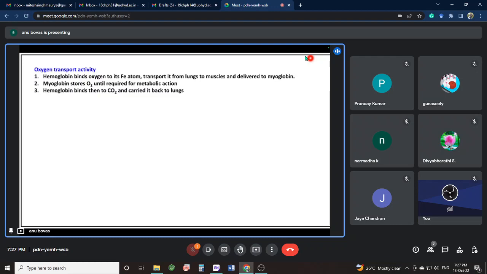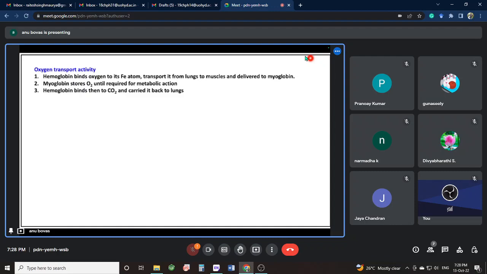This also can be asked. 4 oxygen per hemoglobin, 1 oxygen per myoglobin. And myoglobin has more affinity to oxygen than hemoglobin. If they ask a true or false statement like that, myoglobin has more affinity towards oxygen than hemoglobin. Okay, these things are clear.